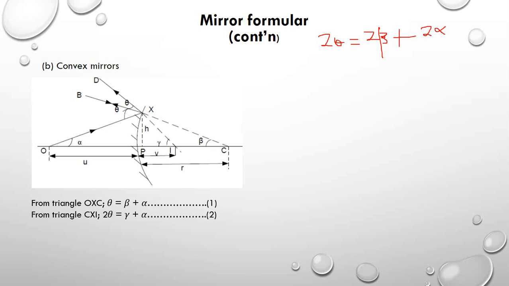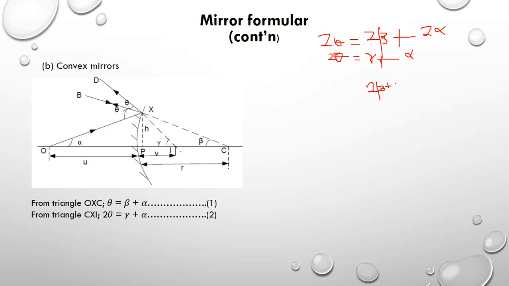Now remember, down here we have 2 theta also. That is from equation 2, we have 2 theta being equal to gamma plus alpha. So you can see this is equal to that. So we shall equate this equation to that equation. It means that we are going to have 2 beta plus 2 alpha equal to gamma plus alpha.